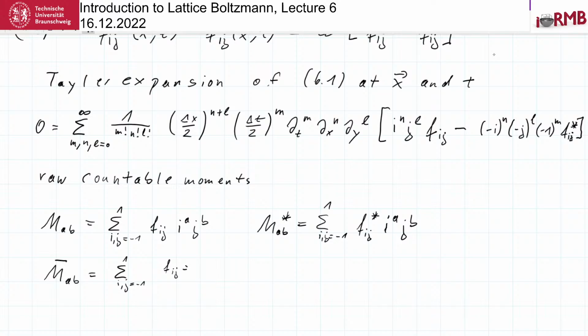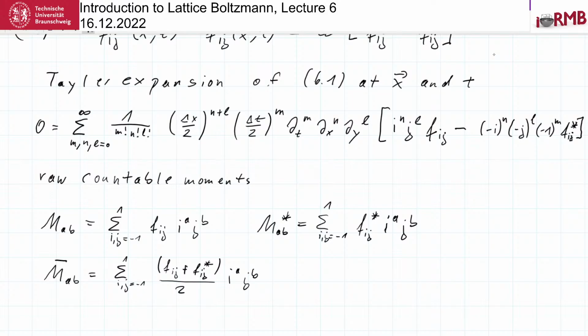If you remember the last lecture, if you joined it, then you know that this is the actual distribution. So the sum of pre and post collision, this is the actual distribution for which we solve the Boltzmann equation. We don't solve the Boltzmann equation for the pre or the post collision state, but for the average between the pre and the post collision state. And this goes with i to the power of a and j to the power of b.